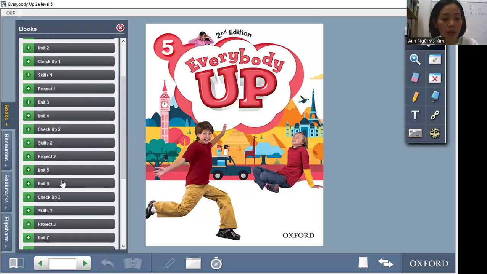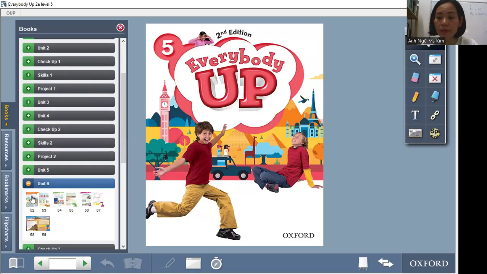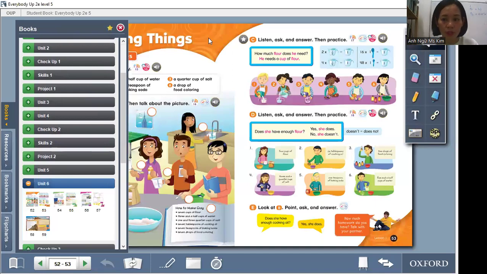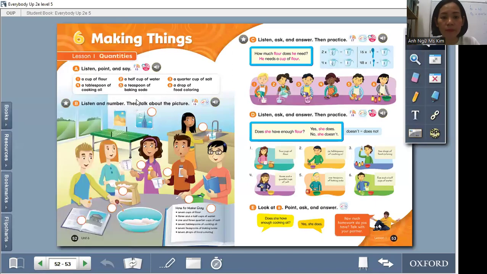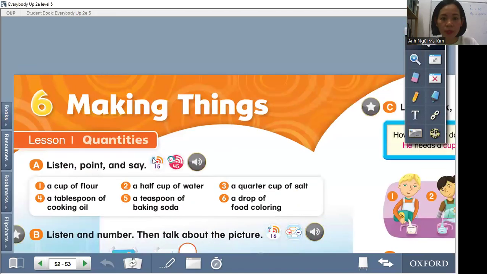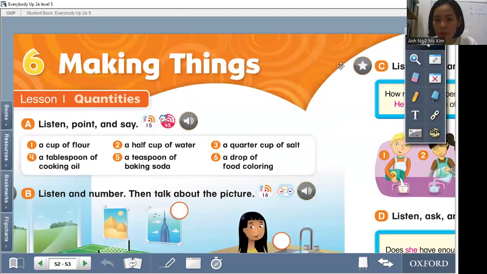Now we are at unit 6, and here you learn how to use the tools, like when you want to write or underline, and erase things. Okay, I think you know that.